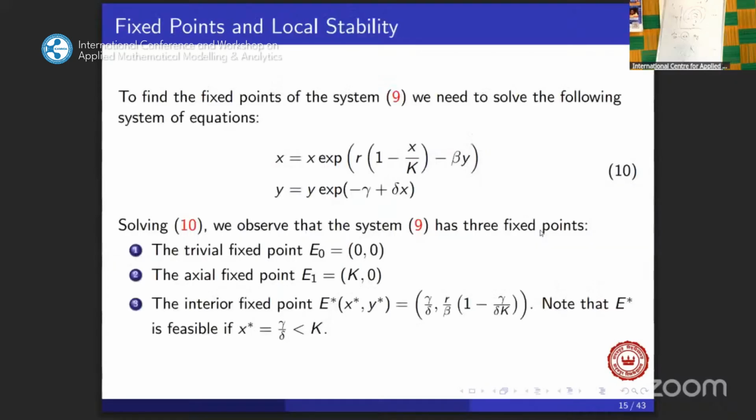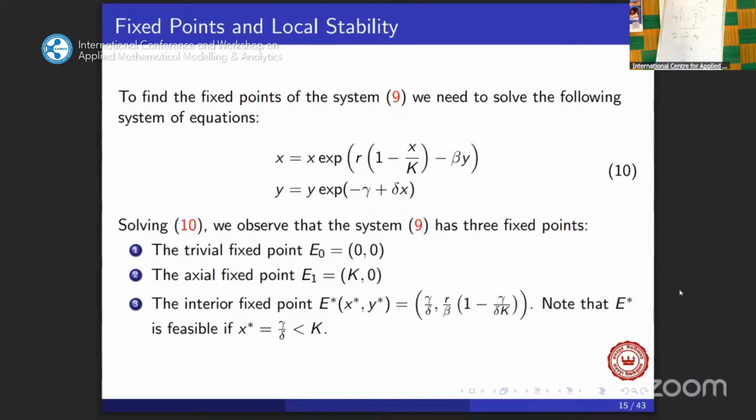To find the equilibrium points, we solve the system of equations with x_{n+1} and x_n written as x, and y_{n+1} written as y. We get three equilibrium points: E0 (0, 0), the axial equilibrium E1 (K, 0), and the interior equilibrium E star (x star, y star), with these values.